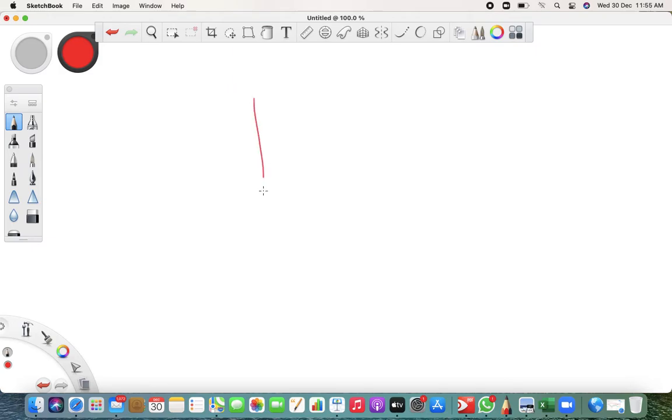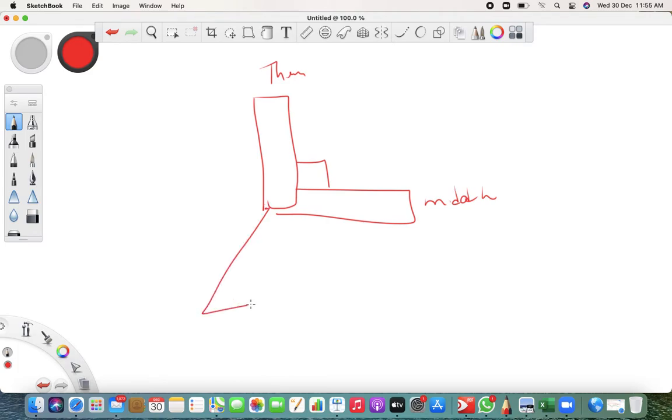See, this is your thumb, your middle finger. They are perpendicular. And the force is your thumb.